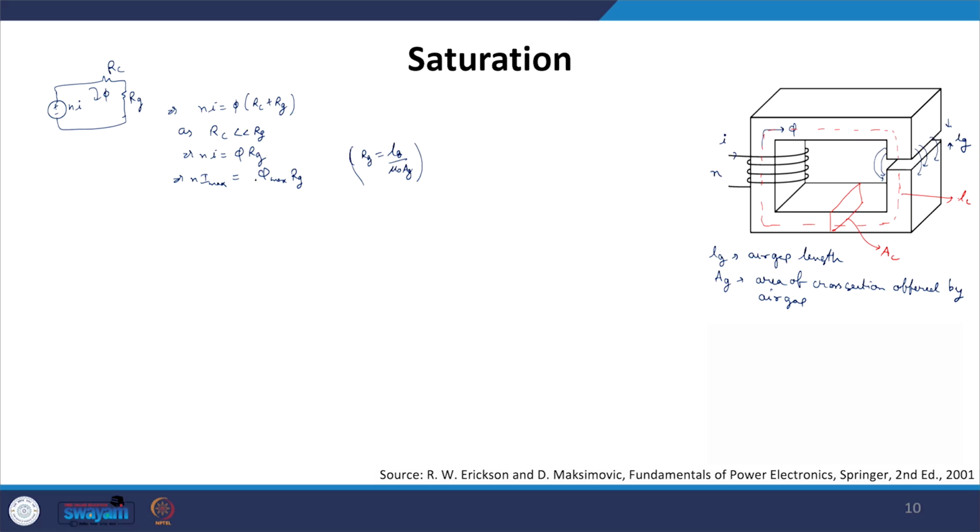So we can then write this to be nothing but N i max equals B max times Ac times Rg, and from this expression we can put the Rg value to be nothing but Lg by mu naught Ag.